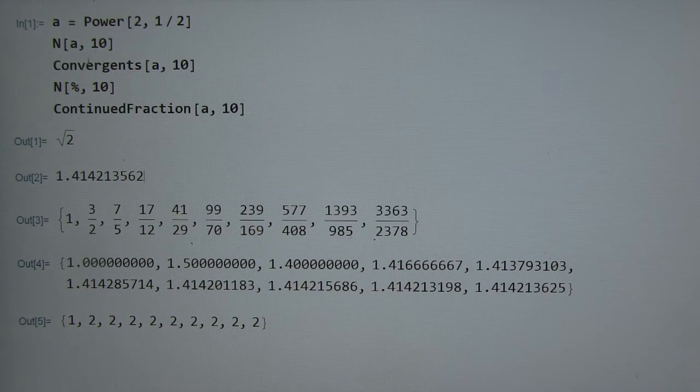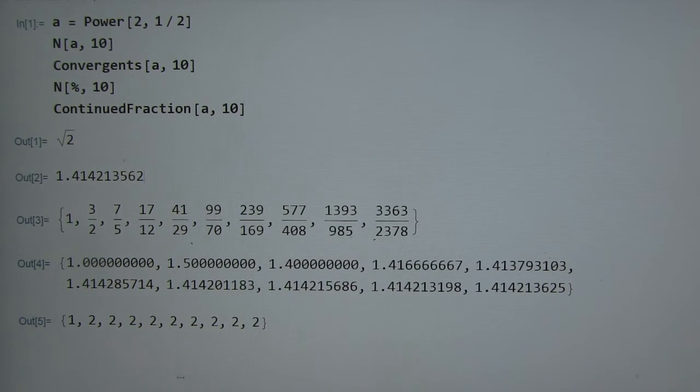Convergents are the fractions that we get from the continued fraction of the square root of 2. And this just gives those numbers to 10 places, and then this gives us the continued fraction. So this would be interpreted as 1 plus 1 over 2 plus 1 over 2 plus 1 over 2.